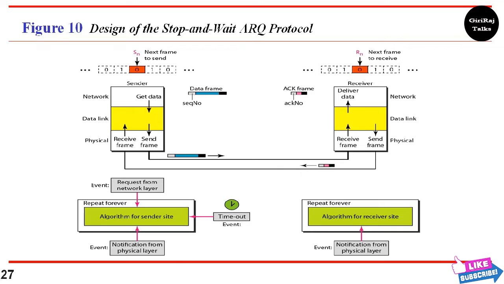Variable SN points to the slot that matches the sequence number of the frame that has been sent but not acknowledged. RN points to the slot that matches the sequence number of the expected frame.